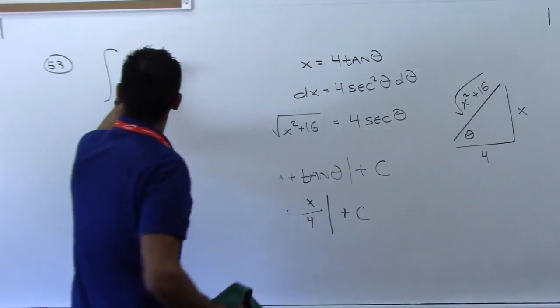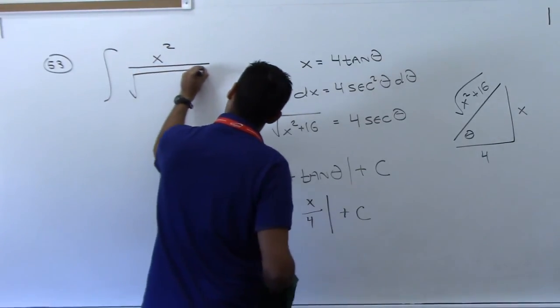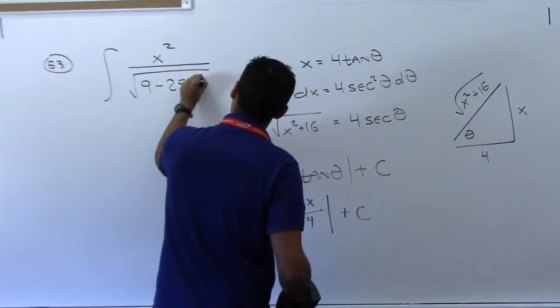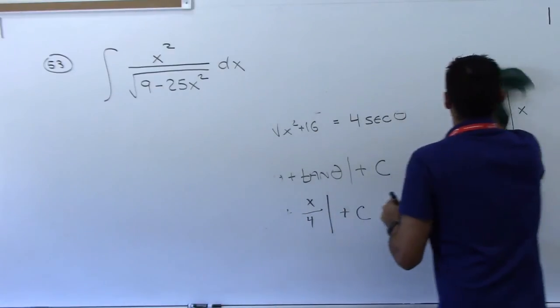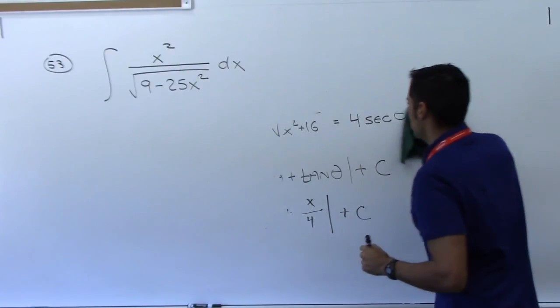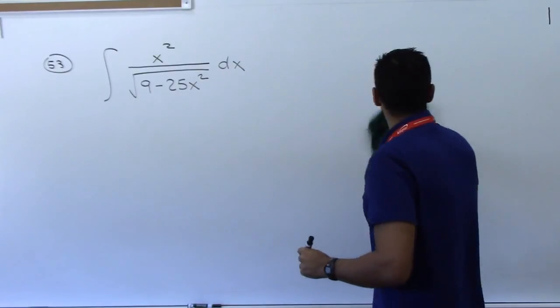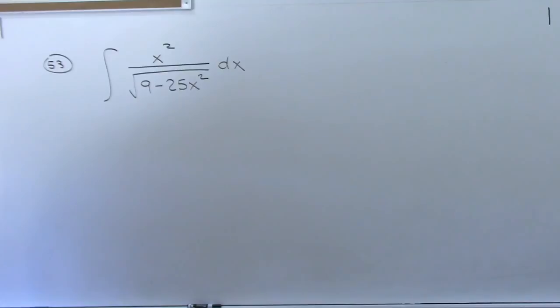X squared over square root 9 minus 25 x squared dx. Is that right? Is that what's there? Yeah? All right, so the point of me doing this one is to illustrate something that's pretty critical here.